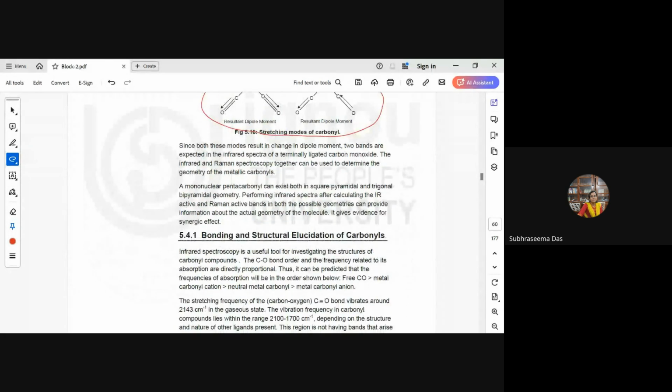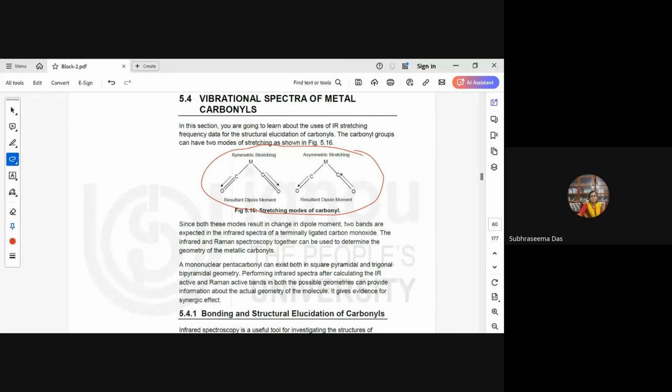Since they have a resultant dipole moment, these molecules are IR active, and the bands expected in the IR spectra are mostly due to the symmetric stretching and asymmetric stretching.